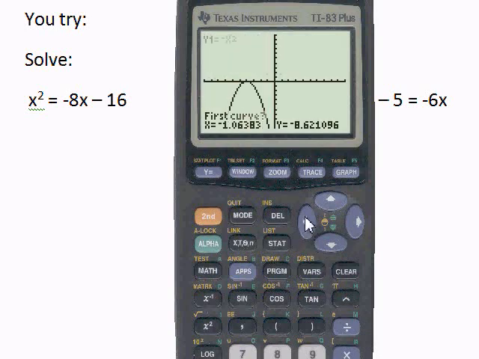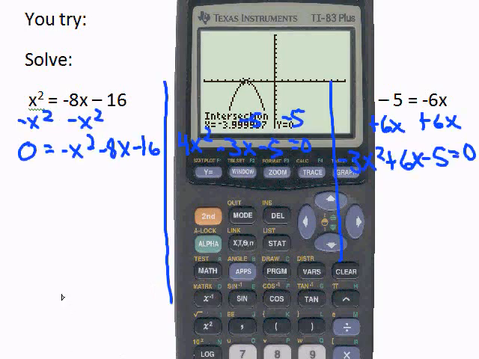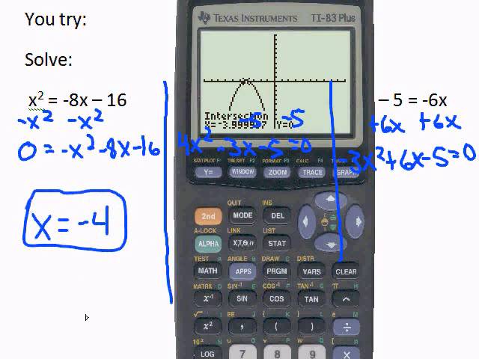And I don't really see my curve because right now x is at -1.27, so I keep on holding it down until I get to almost the intersection. Press enter 3 times. And I find my value to be -3.99999, which rounds to -4. So the solution for this one is x equals -4.